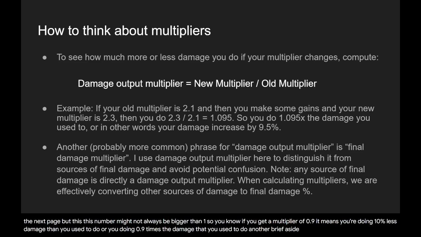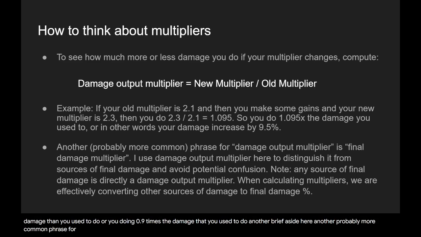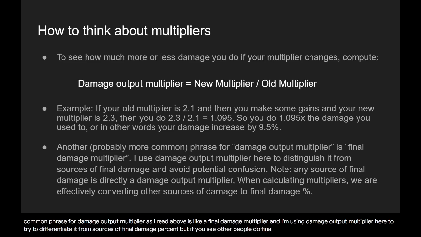Another brief aside here: another, probably more common, phrase for damage output multiplier, as I wrote above, is a final damage multiplier. I'm using damage output multiplier here to try to differentiate it from sources of final damage percent, but if you see other people say final damage multiplier or whatever, that's totally fine.